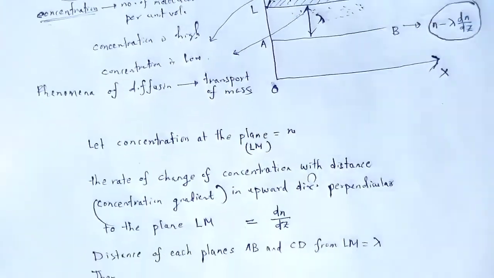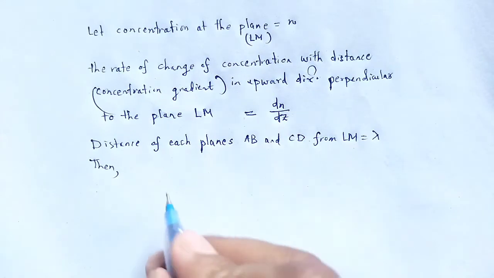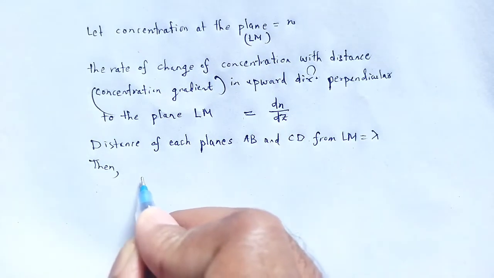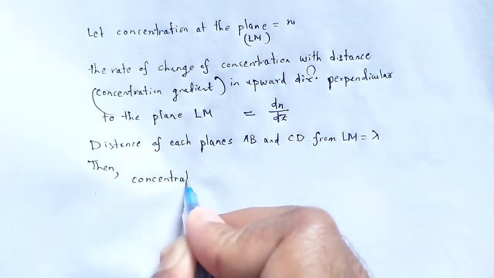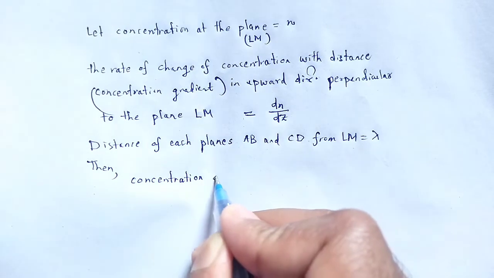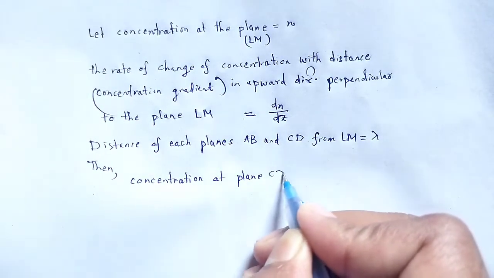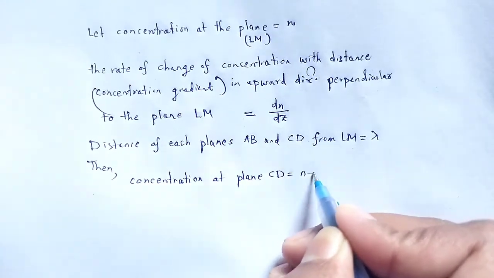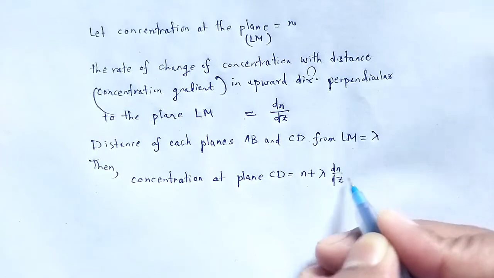Then we write all the things. Concentration at plane CD is equal to N plus lambda times dN by dz.